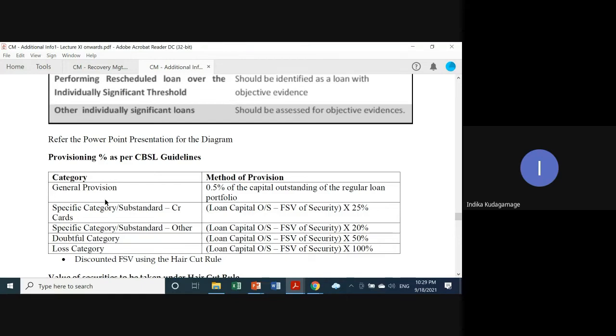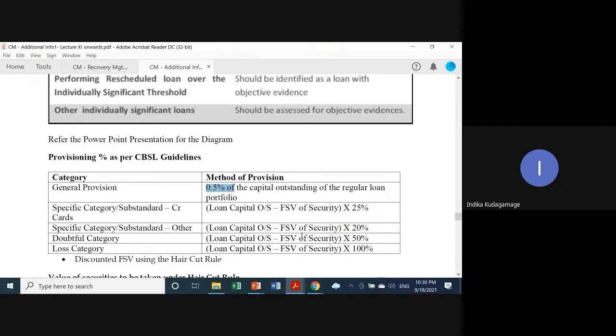General provisioning is the regular portfolio, that is no arrears, up to 90 days, and the specially mentioned category. The entire portfolio, regular plus specially mentioned, into 0.5%.